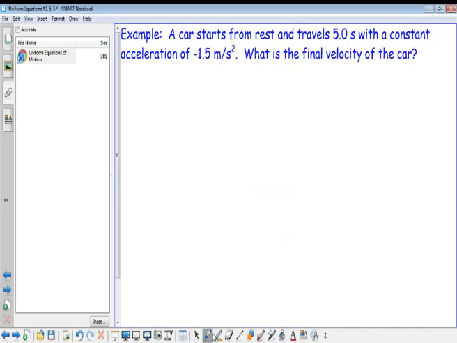So we're going to use the third equation of motion to solve this example problem. A car starts from rest, which means the initial velocity is 0, and travels 5.0 seconds with a constant acceleration of negative 1.5 meters per second squared. What is the final velocity of the car?